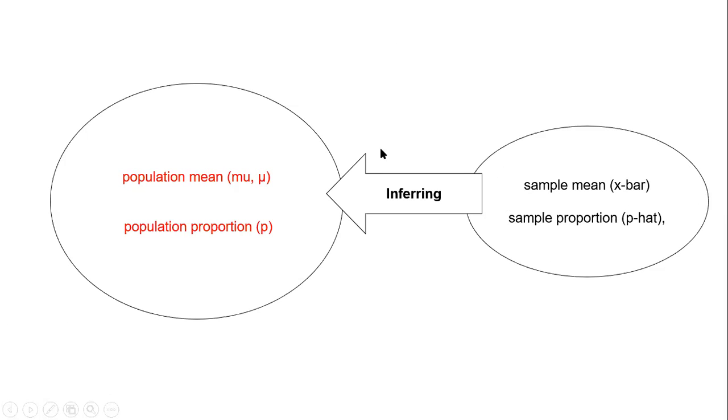When generalizing these results to the population, the symbol for the population mean is mu, and the population proportion or probability we take as P. So just keep in mind the names of these parameters, which will be useful in the upcoming lectures.